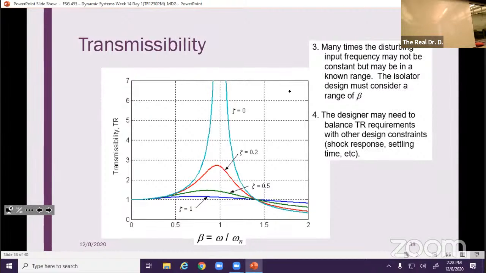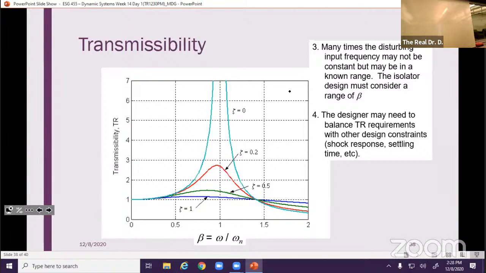And your car needs to be able to handle a range of road surfaces, right? So in some cases, you might have to accommodate a range of input frequencies. Maybe you're using the bandwidth as your range of frequencies. I don't know. But you know that there's some range of frequencies that you're going to be operating under.